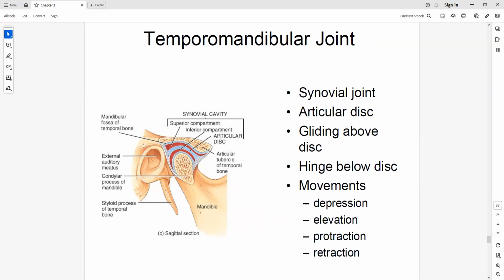But protraction and retraction need this articular disc in the middle. So this temporomandibular joint is a very complex looking joint because of this articular disc in the middle, and that disc allows gliding movements for the protraction and retraction of the mandible.